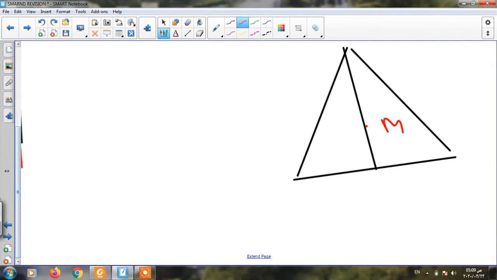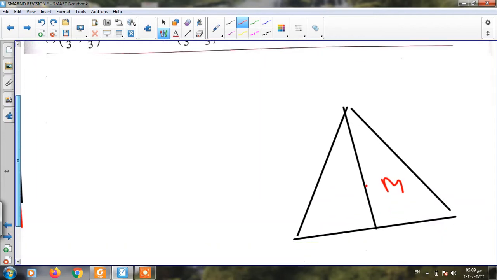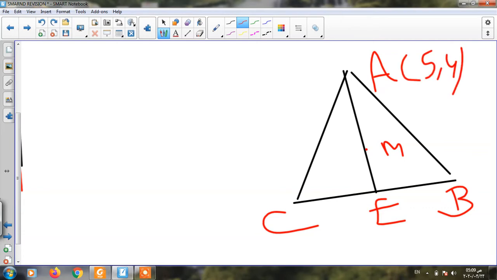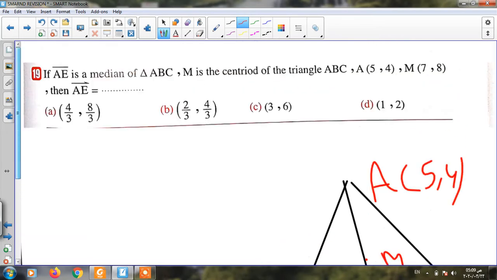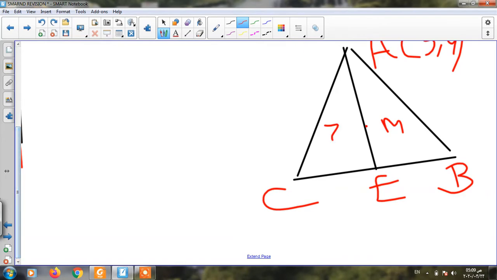He gave me AE as median, and this is B, and this is C, and this is M. He gave me M. A is (5, 4), and M is (7, 8).